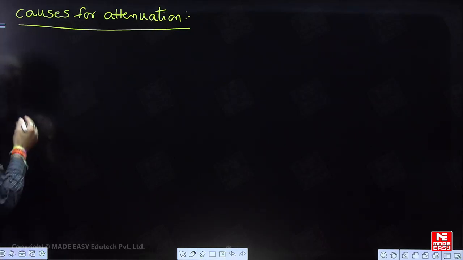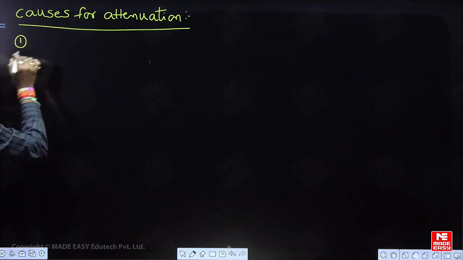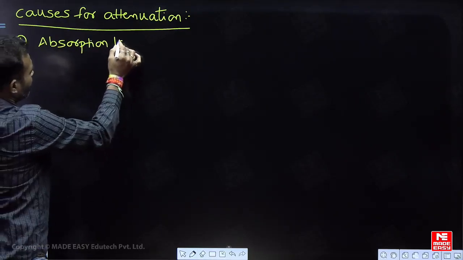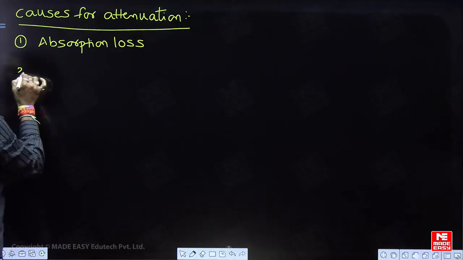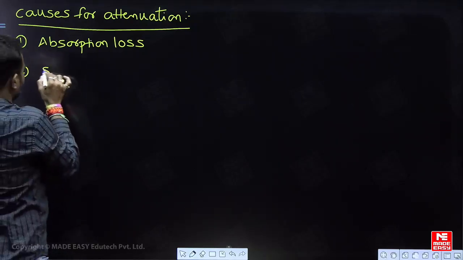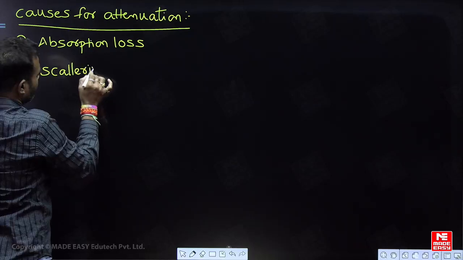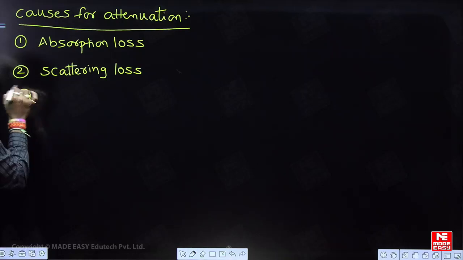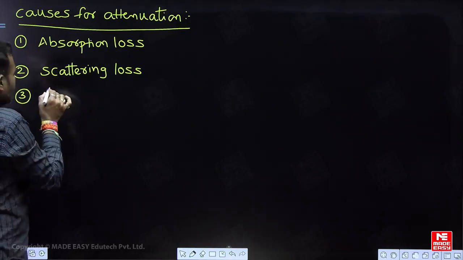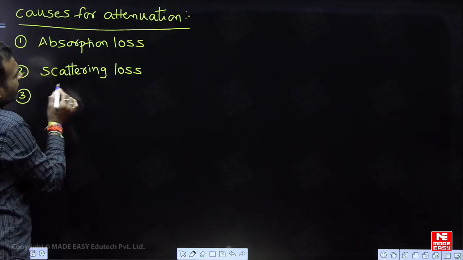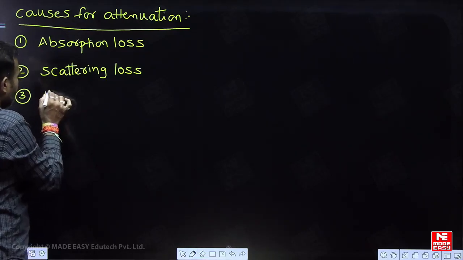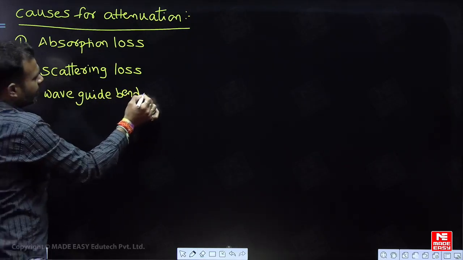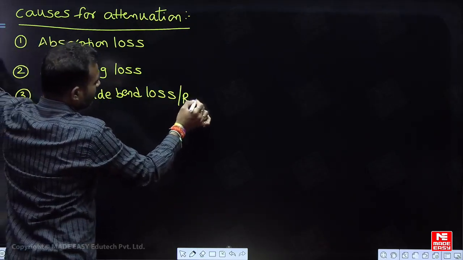Present as causes for attenuation. The first one is called absorption loss. The second one is called scattering loss. The third important loss is the waveguide bend loss, which is also called radiative loss.